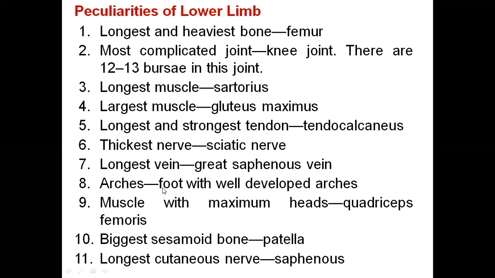These arches are designed to distribute the body weight and to protect the underlying structures in the sole region. The muscle with maximum heads is quadriceps femoris, in the front of the thigh. The biggest sesamoid bone is the patella. The longest cutaneous nerve we also encounter in the lower limb is the saphenous nerve.